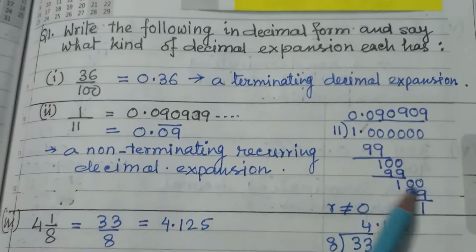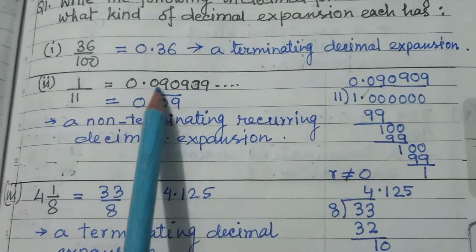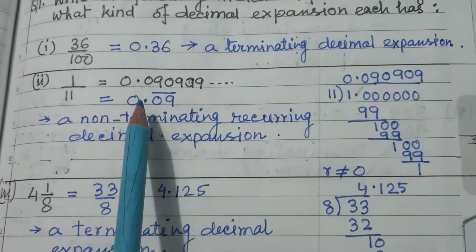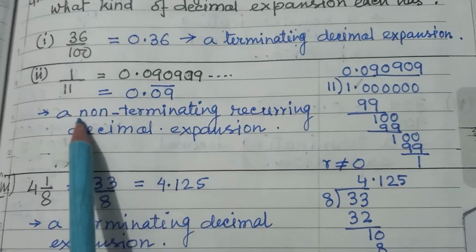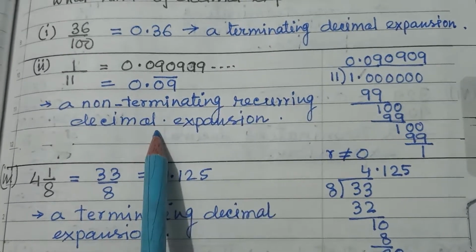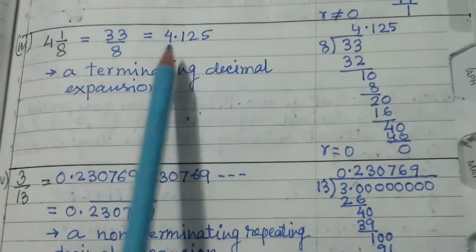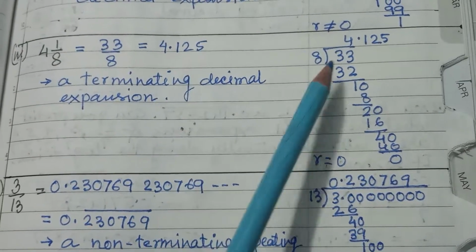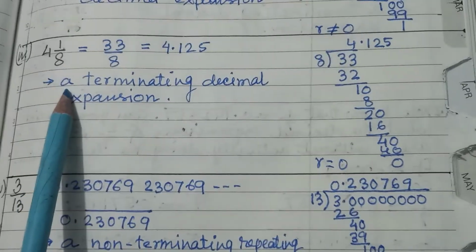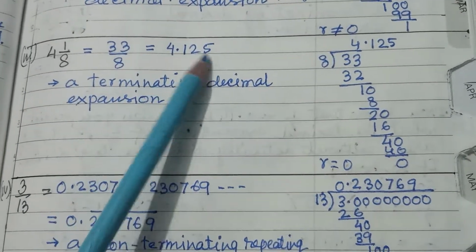0.09, when you divide it is coming 09, 09 is repeating, so it is a repeating decimal, or it is called non-terminating recurring decimal. Now 33 upon 8 is 4.125, division I have shown here, so it is a terminating decimal.